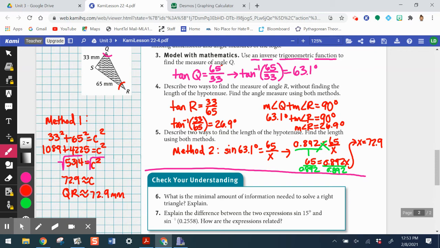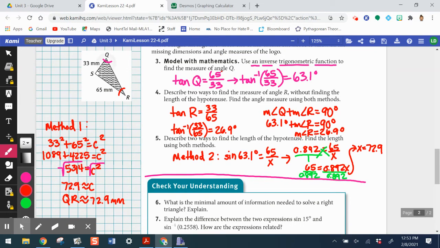The other method I wanted to show is the method we learned in the previous lesson, that we can use the sine of that angle and write a ratio, the exact opposite of what we're doing here. That's why they call it an inverse function. So the first angle we found was angle Q. So I'm going to use that 63.1 degree angle.